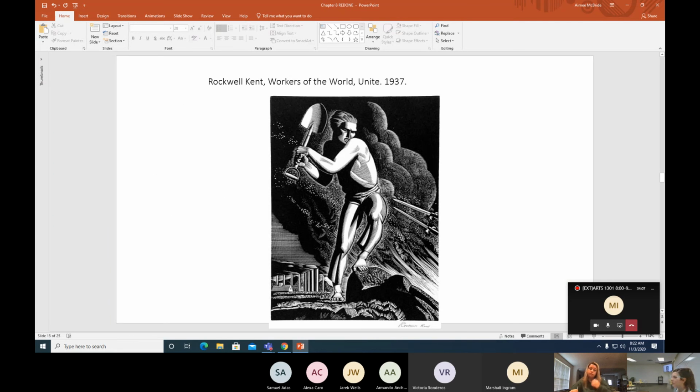And here's an example of a wood engraving print. This one's by Rockwell Kent.